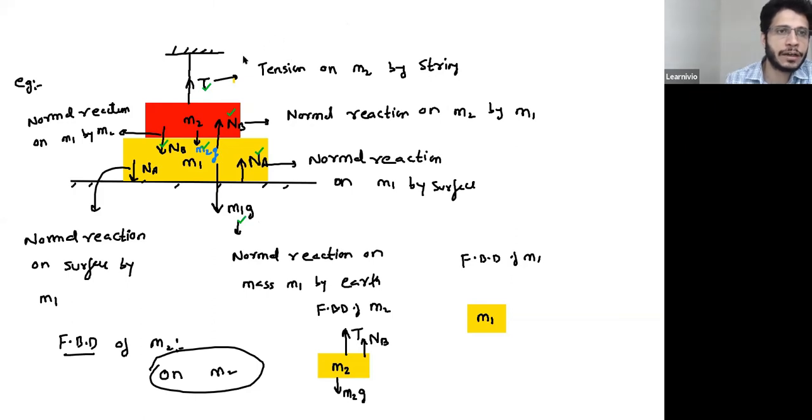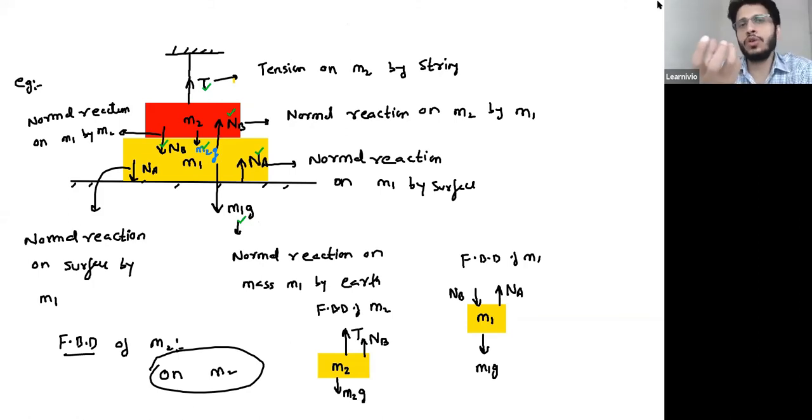Three forces are acting on M1. The first force is weight, M1G. The second force is normal reaction, which is acting upwards, it's Na. Third force is normal reaction, which is acting from the top end. So this is how we draw FBD. While drawing FBD, we consider only those forces which are acting on the body.